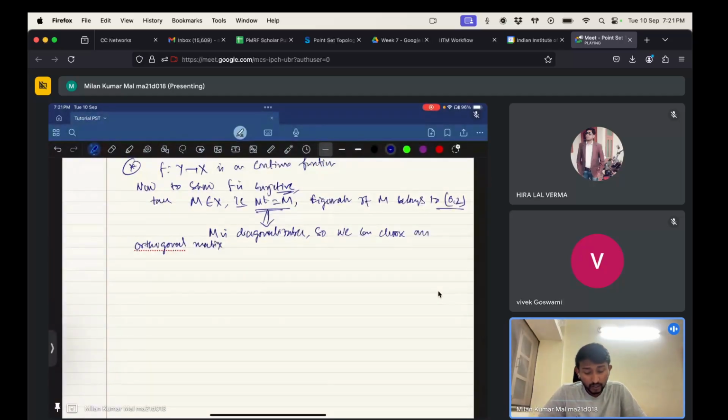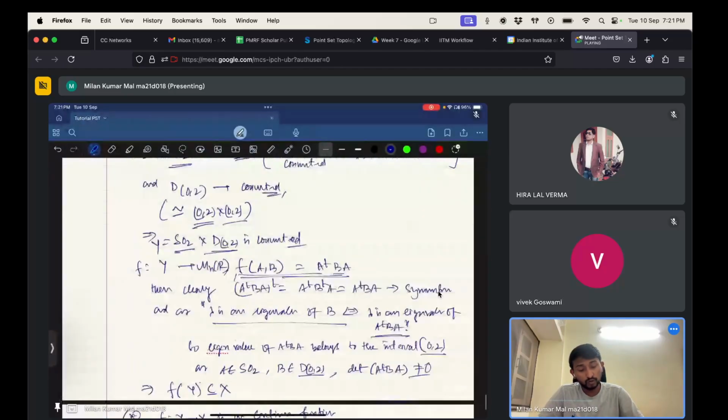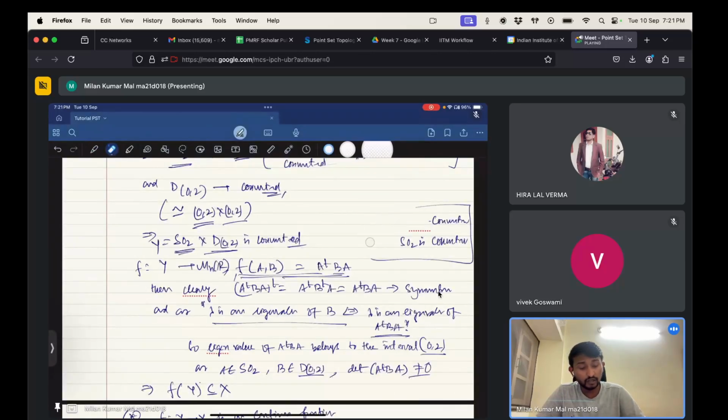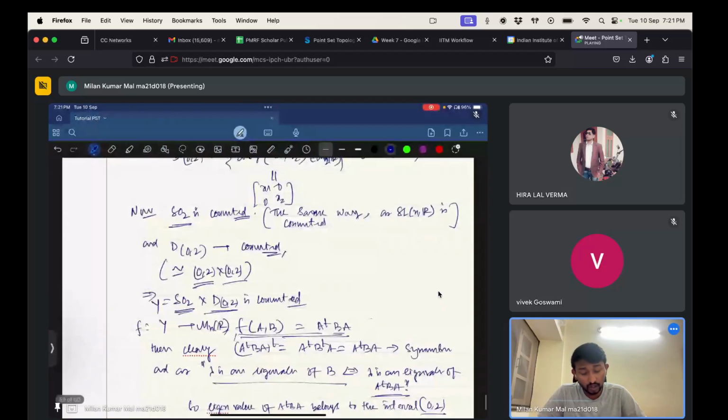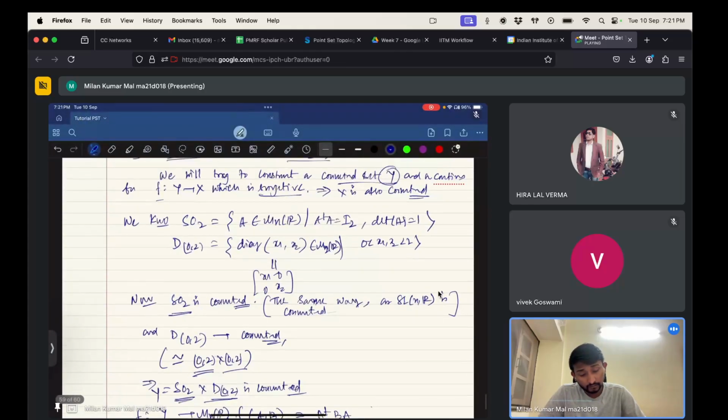Note why we are taking SO2 here. O2 is not connected, but SO2 is connected. Even if I took O2 here, we would still get a surjective map, but that would not give our result.